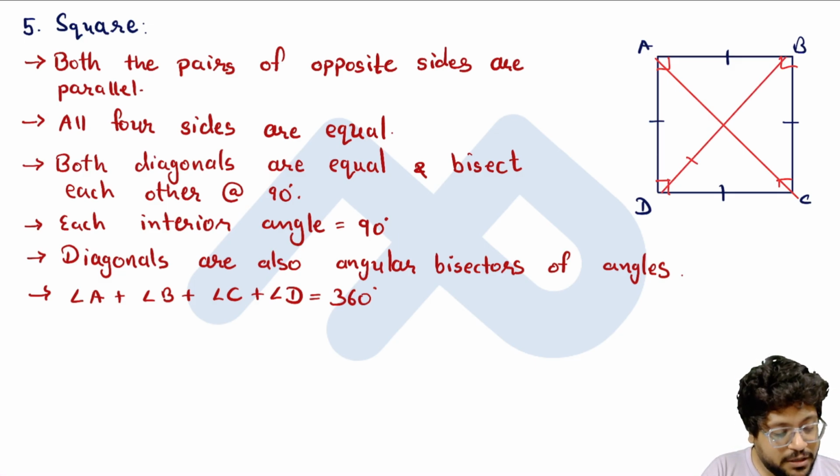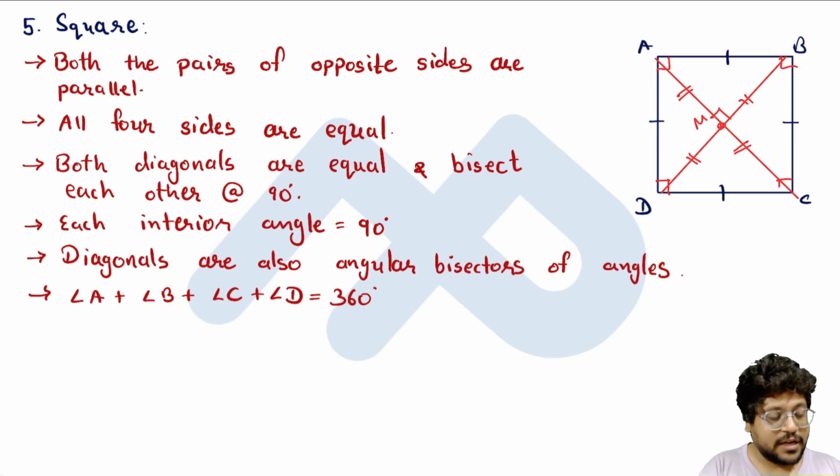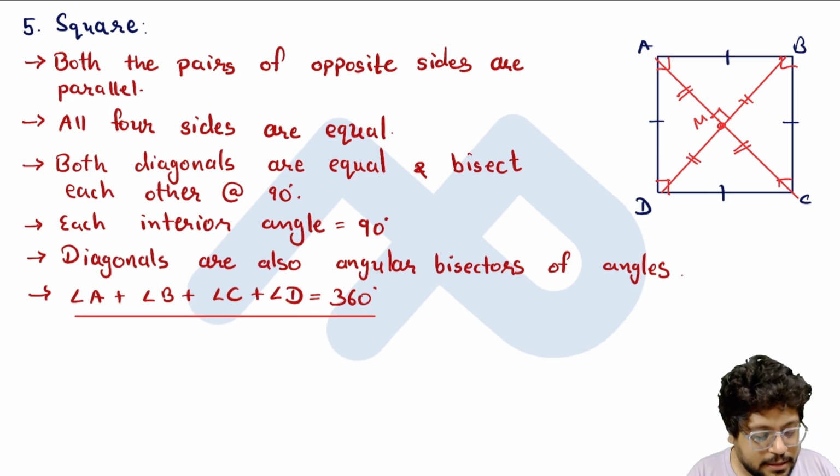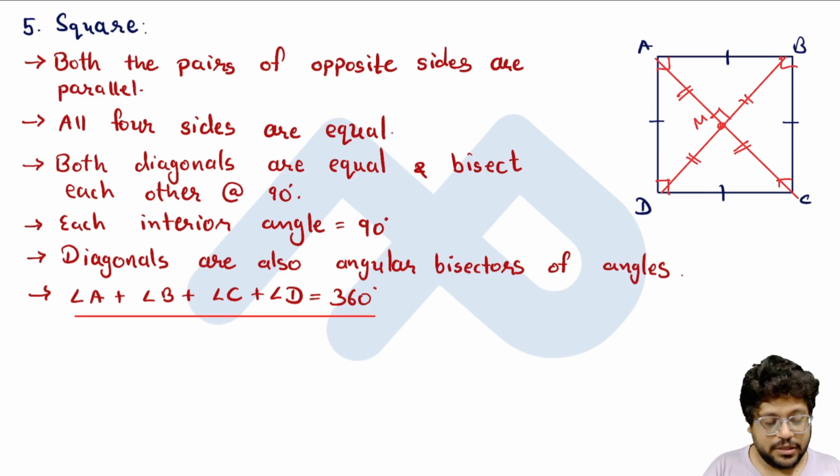So all the properties which we have seen in other quadrilaterals are true here. Both the diagonals are equal, they bisect each other as well as at 90 degree also. All four sides are equal, all four angles are equal to 90 degree. And of course the sum of all interior angles is 360. That stands true for all the cases of quadrilateral.